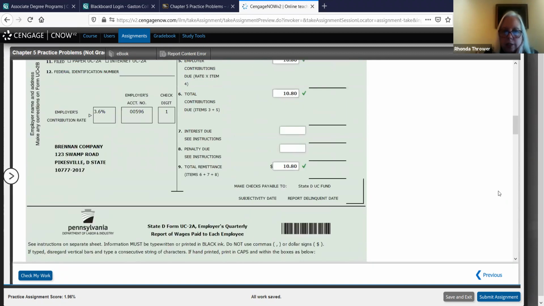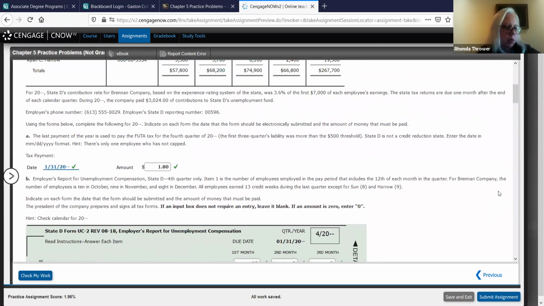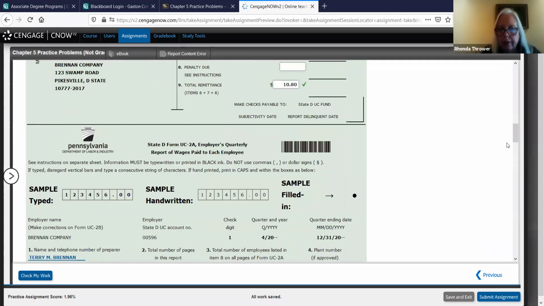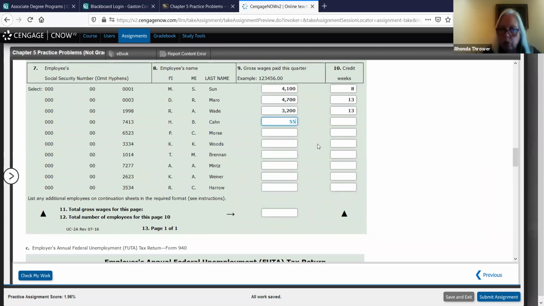And Con was 5,500. There. You're basically just putting down the wages of the 4th quarter. And everybody had 13 weeks except Harrow down there at the bottom. So I'm copying the rest of this out of my textbook because it's easier than scrolling up and down.